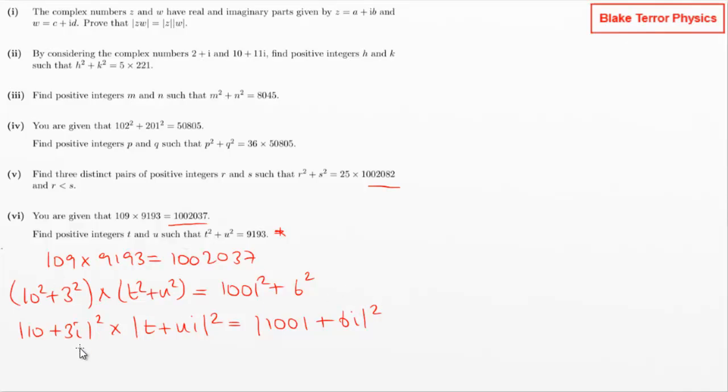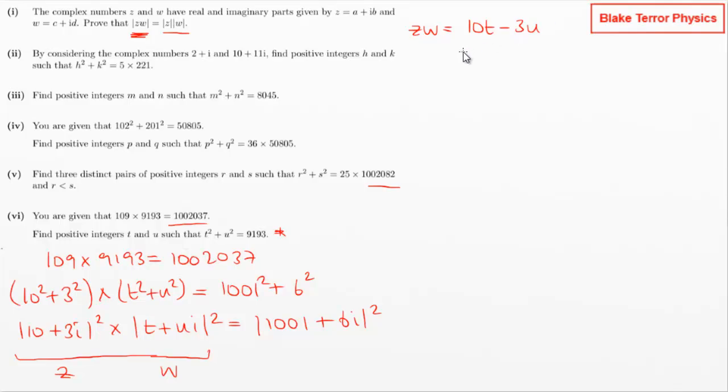Right, so how's this going to work then? I've got a Z and a W here essentially on the left hand side. So if that's my Z and that's my W, now do ZW in the mod of that. So my ZW is going to end up being 10t minus 3u. That's the real part.